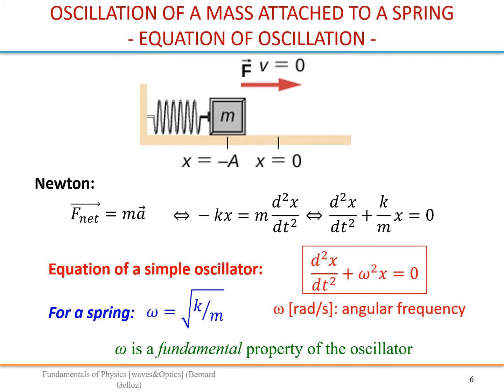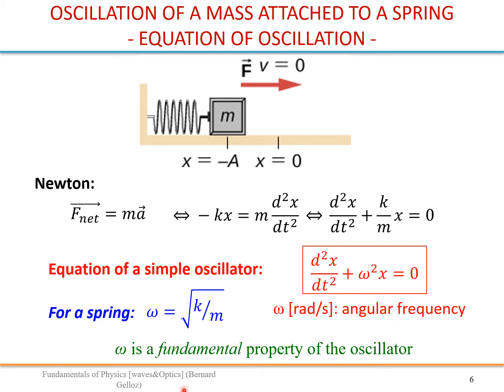This works for any oscillator, even in quantum mechanics, for example. There are oscillators in quantum mechanics, a very important part of quantum mechanics, and they also have a fundamental angular frequency.